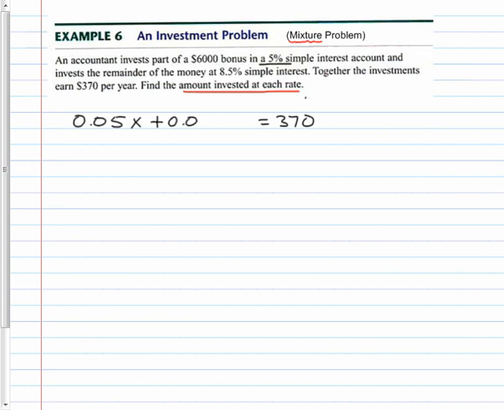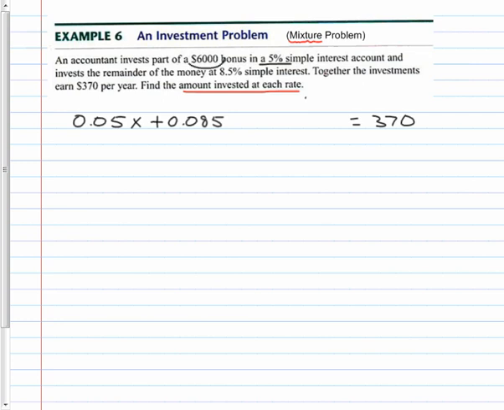How do I write 8.5% as a decimal? 0.085. Now the question is, how much do I have invested in that account? And I don't want to introduce a new variable. I need to stick with one variable.